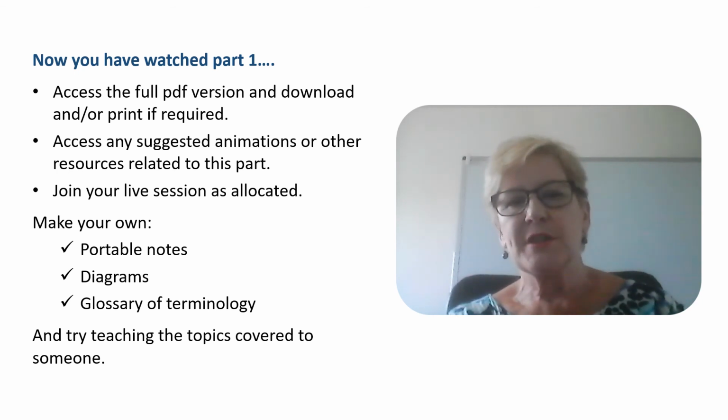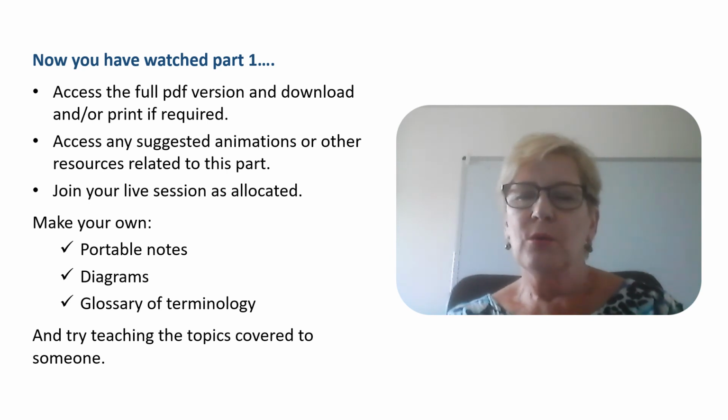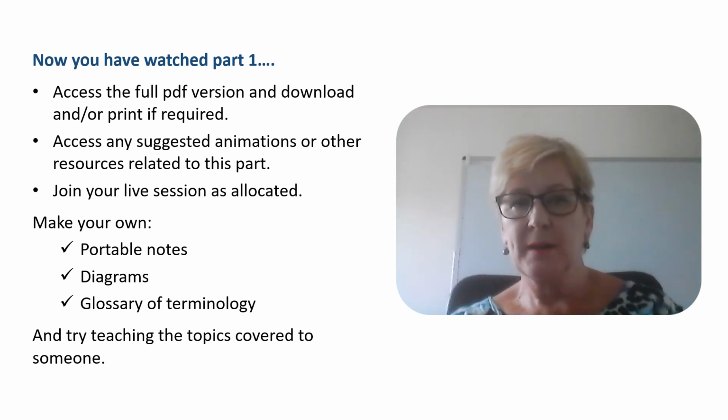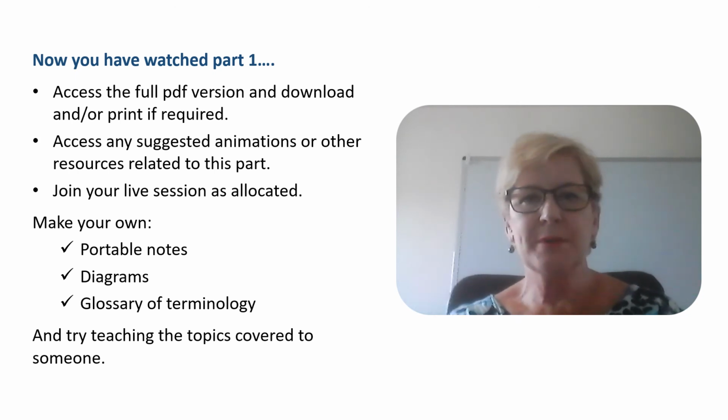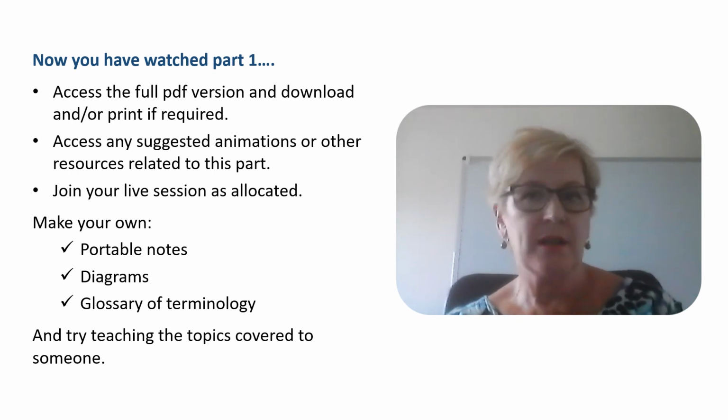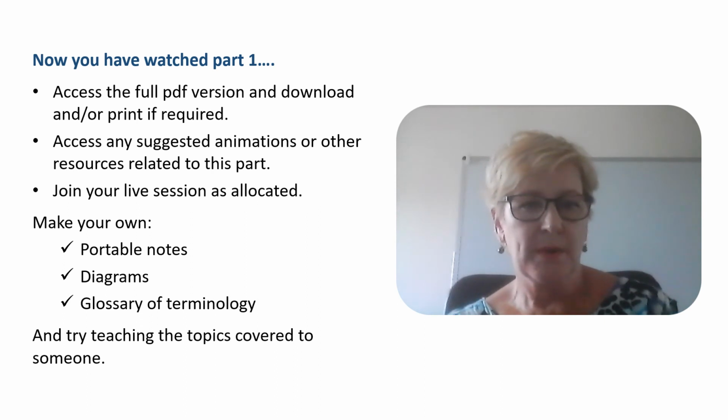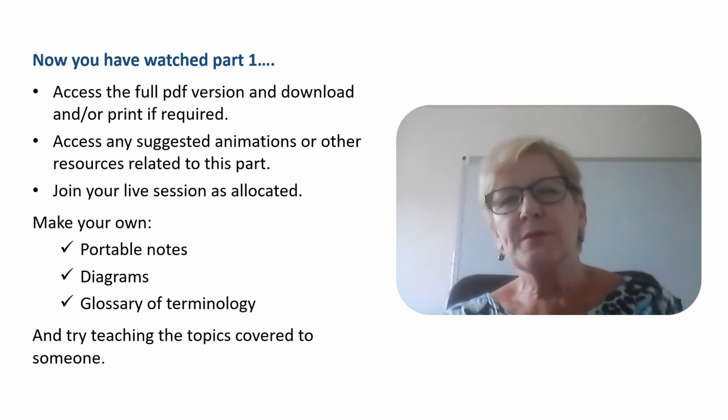Access any of the suggested animations or other resources related to this part. Also, remember to join our live session as you've been allocated, and we can go over it with a whiteboard in a bit more detail, discuss it, answer your questions. But also start to make your own notes now.